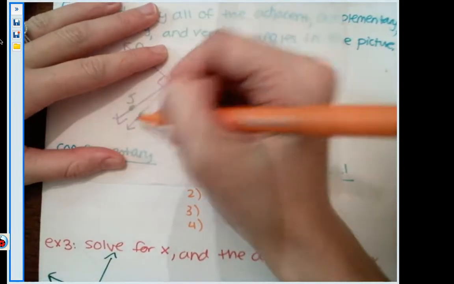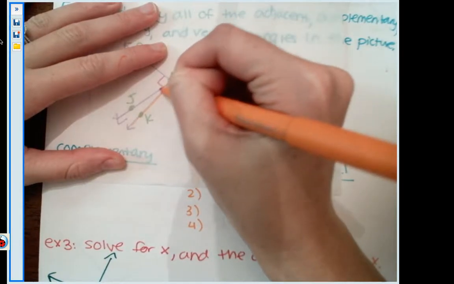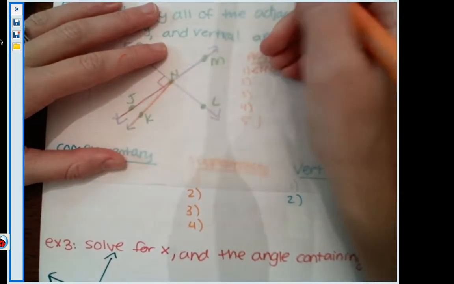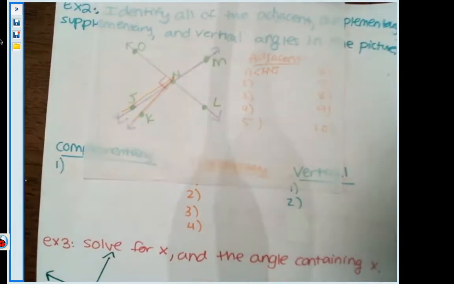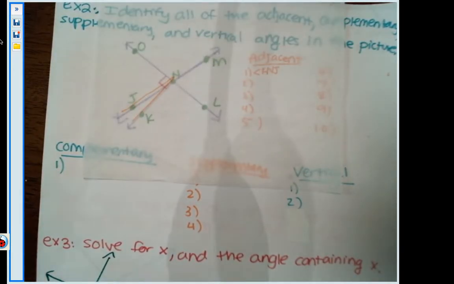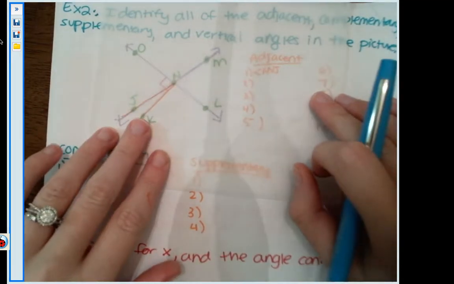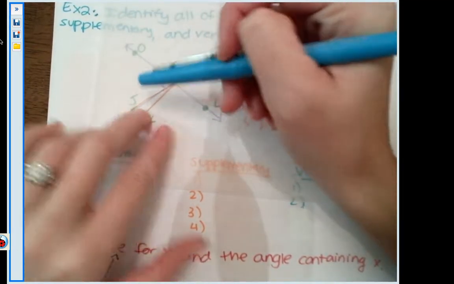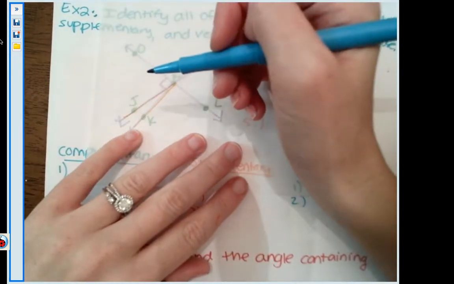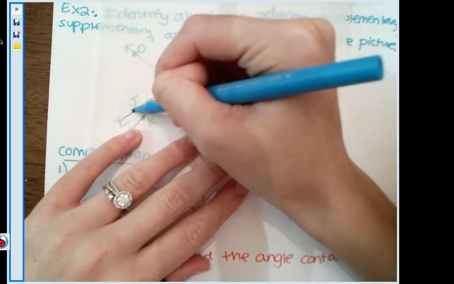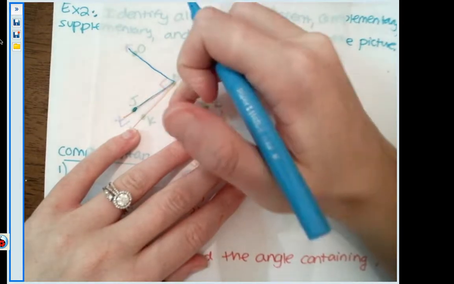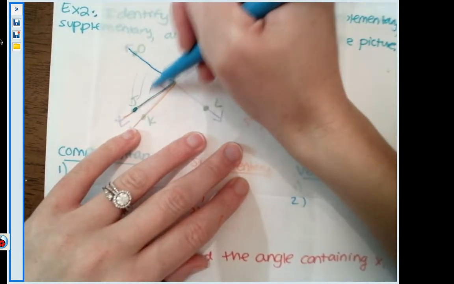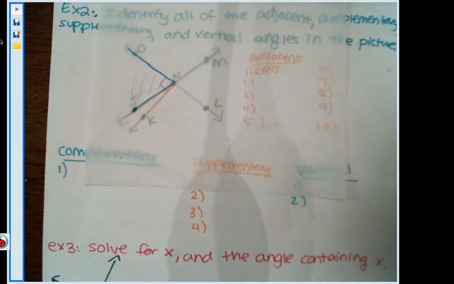Okay, so K and J is right here. There's angle K and J. And the angle that's right next to it that doesn't share any common interior point is this angle kind of right here. Okay, so angle J N O. See how these are right next to each other, and if I shade inside of my angles, they do not overlap.